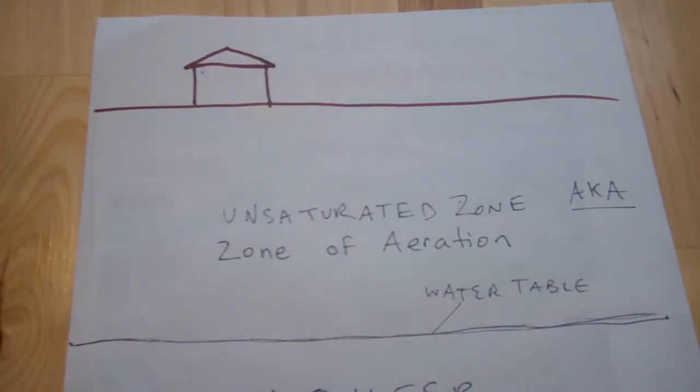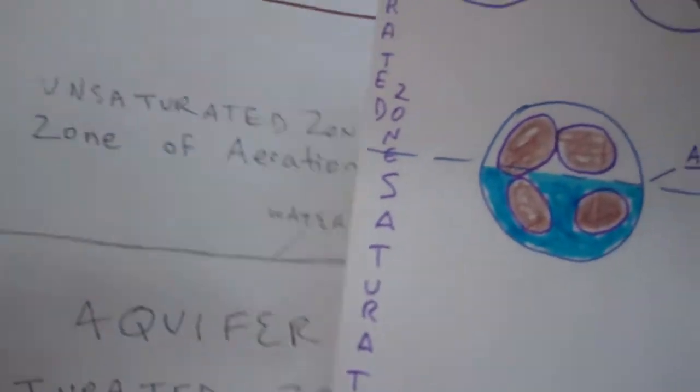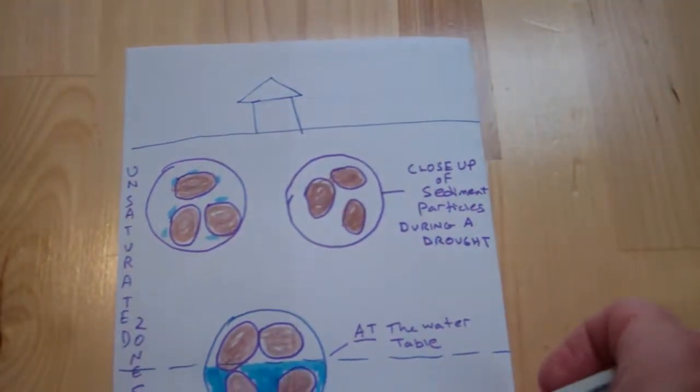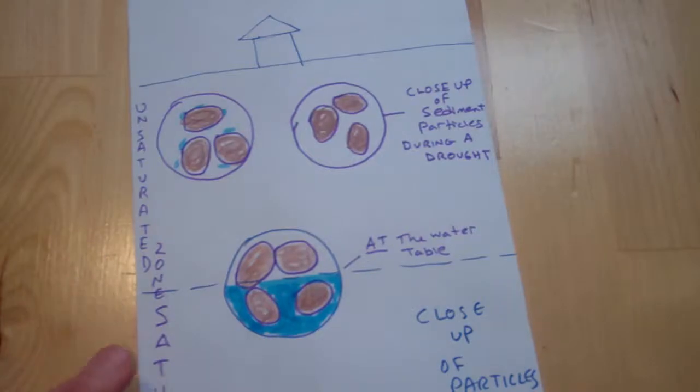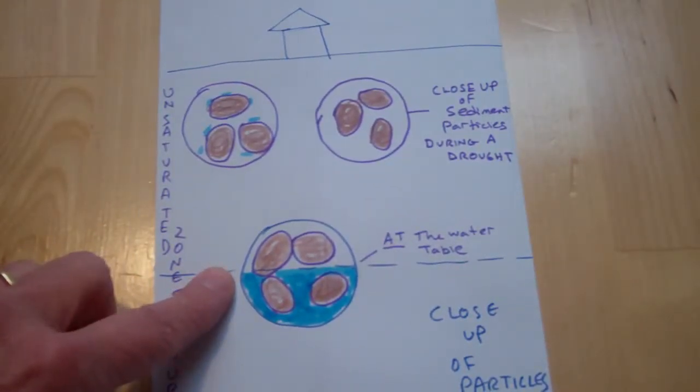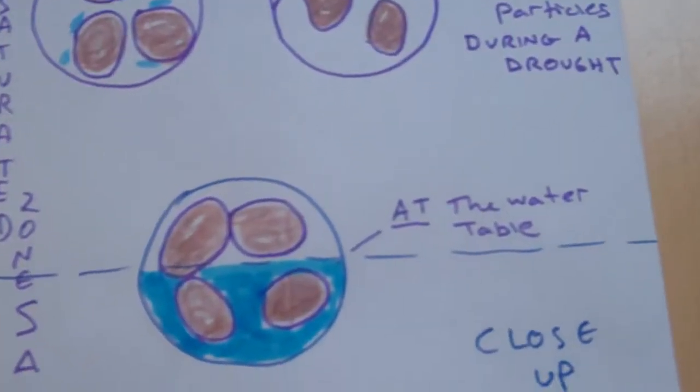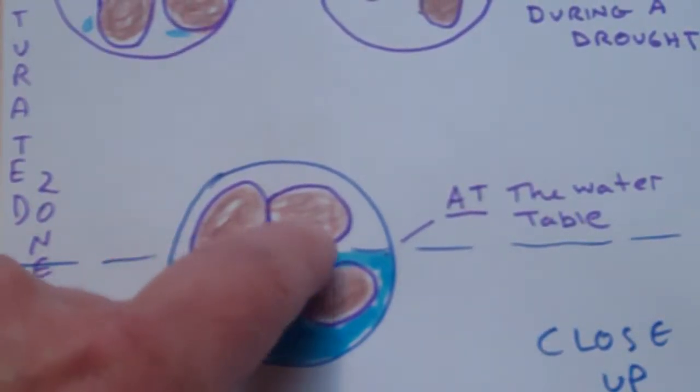All right, so if we could zoom in on what the particles actually look like in our picture, we would have something that looks like this. So let's zoom into the one right at the water table. Here's the water table, this line.